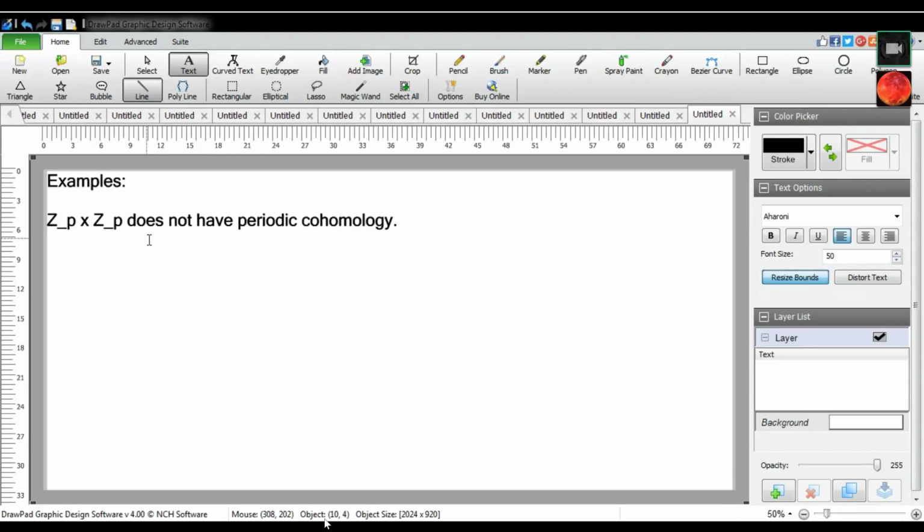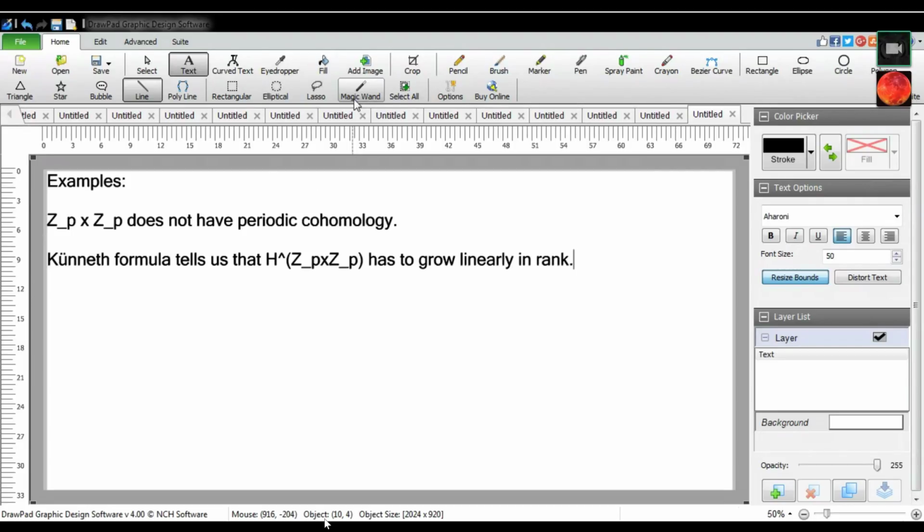The first thing is you calculate the homology of BG by hand, or you use the Künneth formula. The Künneth formula tells us that the Tate cohomology of Z_p times Z_p has to grow linearly in rank. If you just calculate this group cohomology, you can immediately rule out periodic cohomology, because you see that the rank of the cohomology grows linearly.